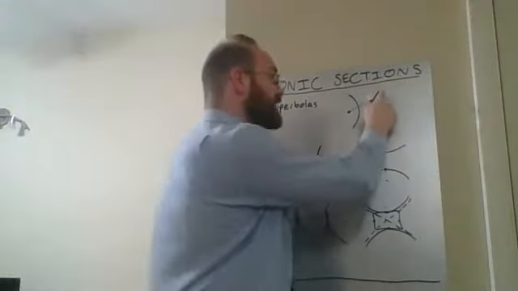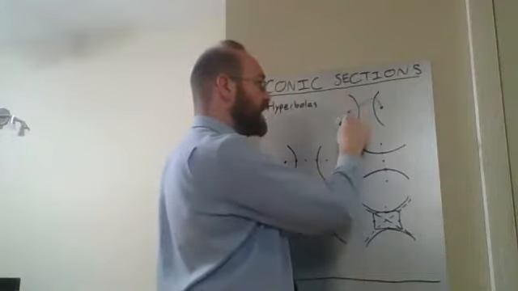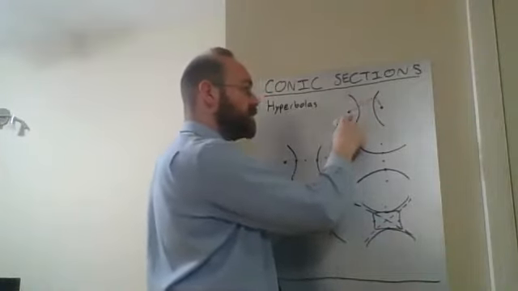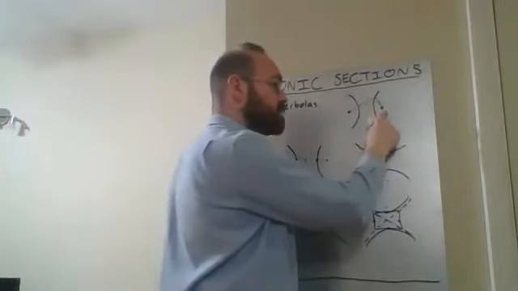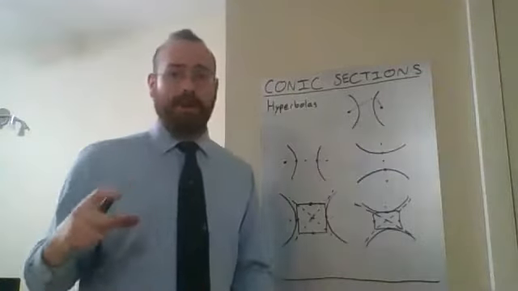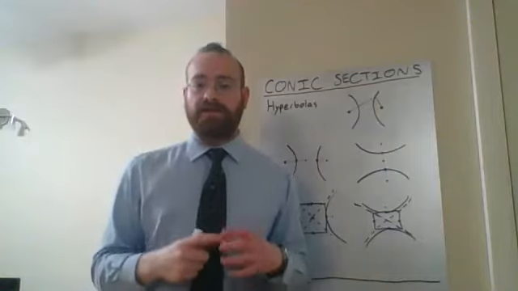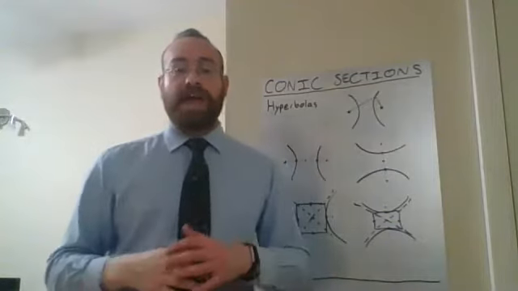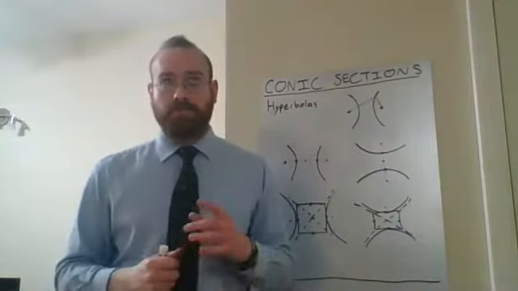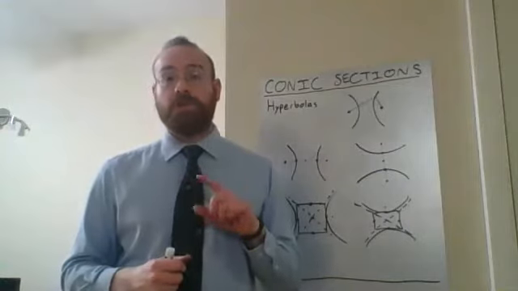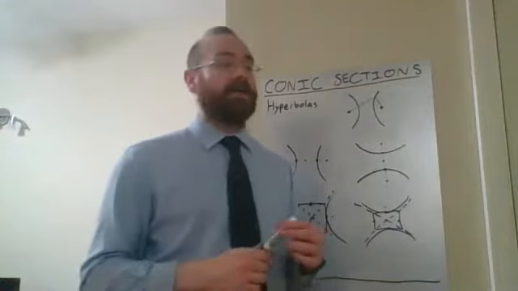If we take any point along either branch and draw a line to the first focus and a line to the second focus, and we subtract the smaller distance from the larger distance, it will always give us a constant value for any point along the hyperbola.